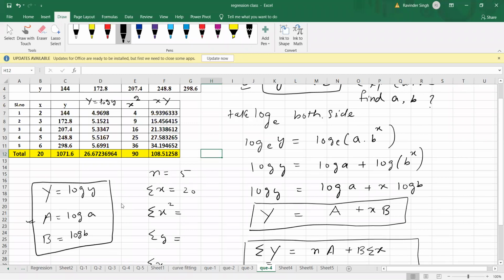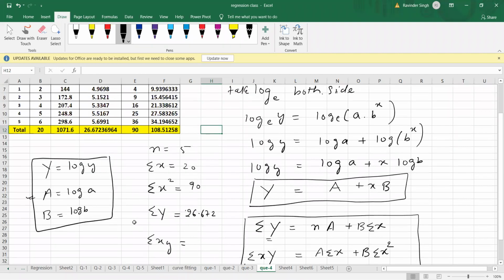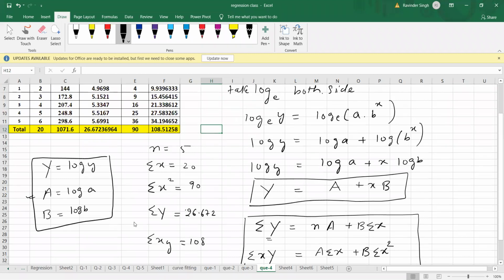Summation of capital Y, sorry, not small y, is 26.672. Then summation of x square is 90, and then we have x into y as 108.513. I will just round this up.